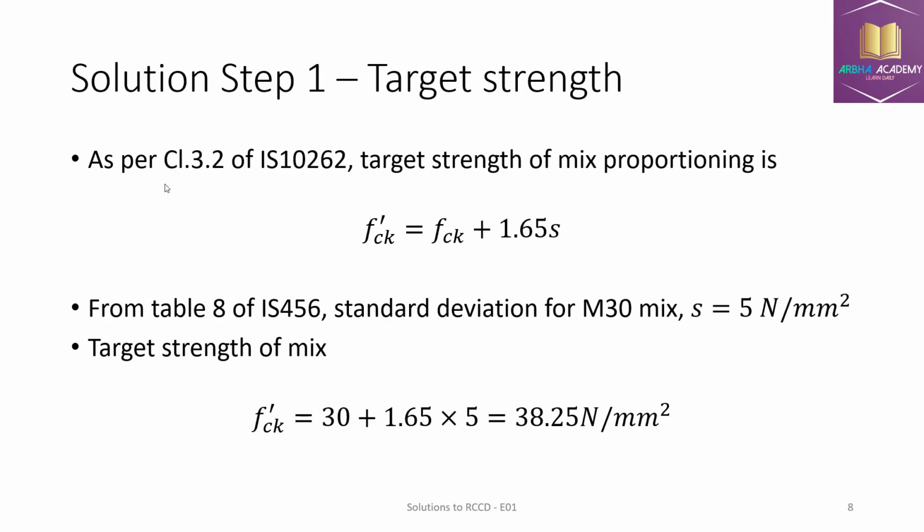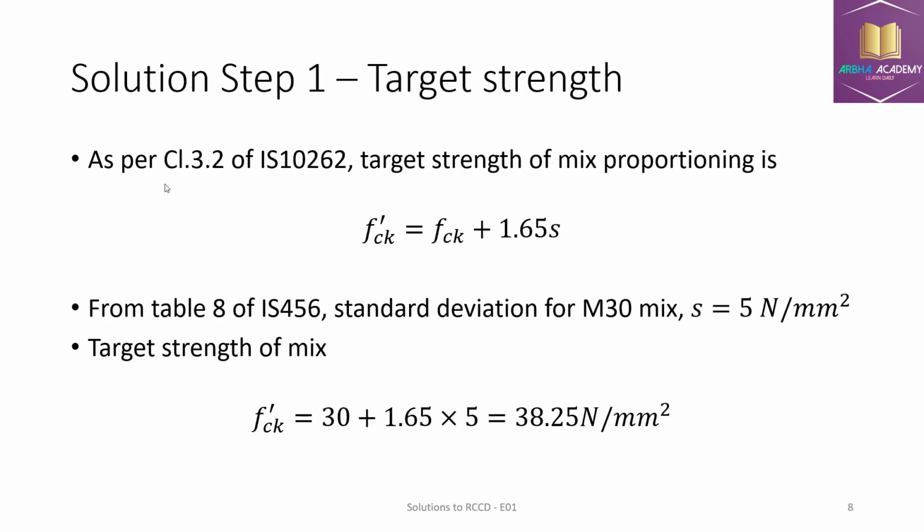As per clause 3.2 of IS 10262, the target strength is calculated along with the standard deviation value. The f'ck is equal to fck plus 1.65 S. So this S stands for the standard deviation value for M30 mix.